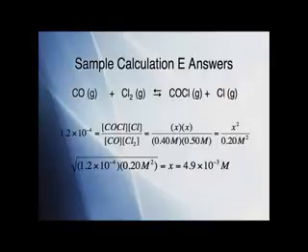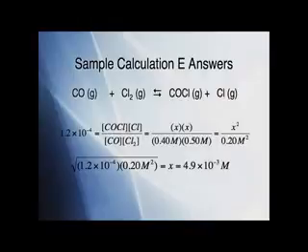We have x times x on top divided by the 0.4 moles per liter CO times 0.5 moles per liter Cl2 on the bottom, and that will simplify to x squared divided by 0.20 moles squared per liter squared.